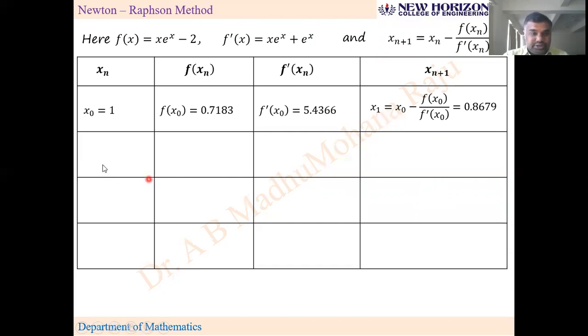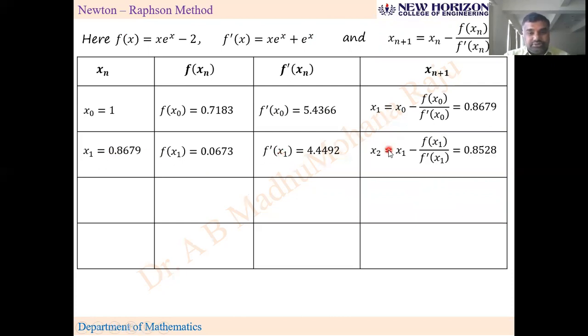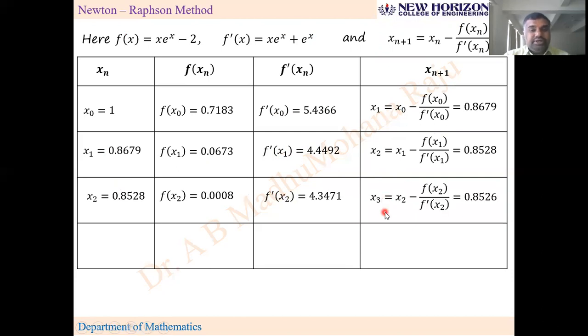Take this x1 here, find out f of x1, f dash of x1, and by using these three values, calculate x2 by using the formula. List out x2 here and find out f of x2, f dash of x2, and by using these three, calculate the x3 value. Then take x3 here, f of x3, find out f dash of x3 and x4 using this formula.